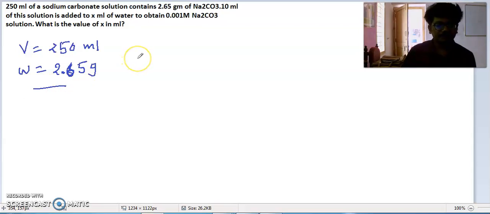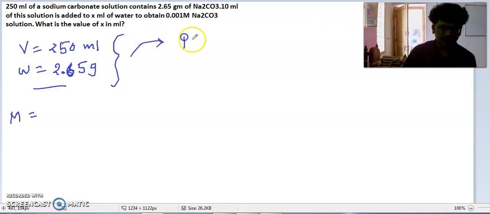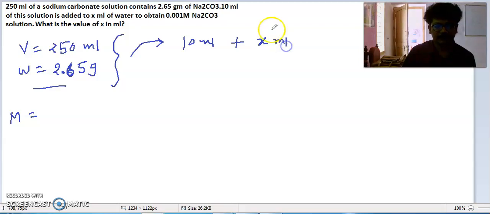Now, what is the further thing? 10 ml of this solution. There is some concentration, because the mass is given and the volume is there, so you can easily find out the molarity. So 10 ml of this concentration is added to water. Water has its volume, x ml. Now this x ml is nothing but another volume.